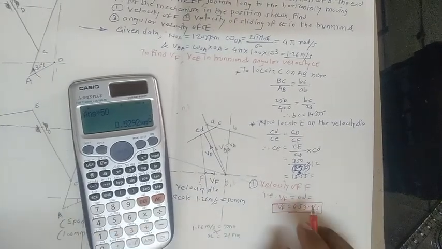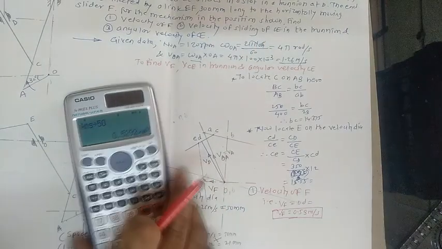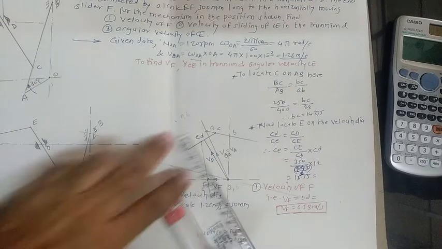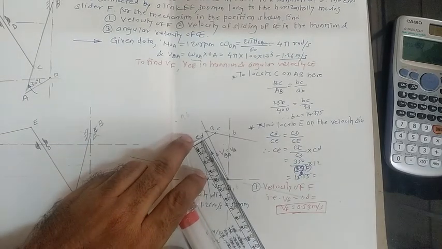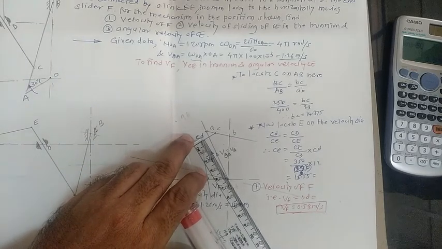Then move towards the next one, velocity of the sliding of CE in the trunnion. So velocity of the sliding in the trunnion CE means here you have to just measure this one. So this is about the 45 mm.